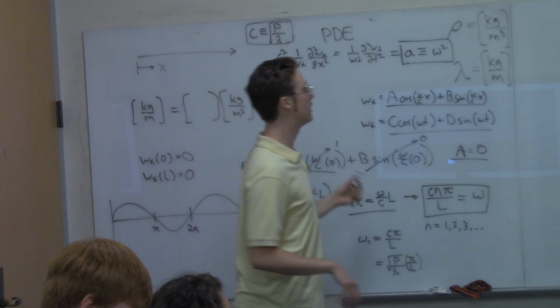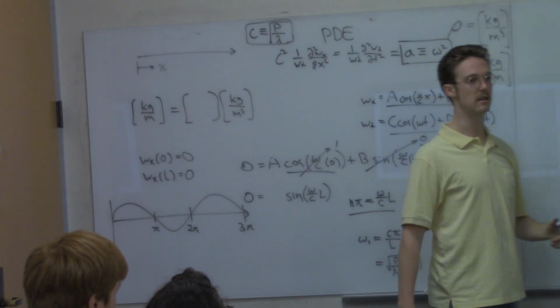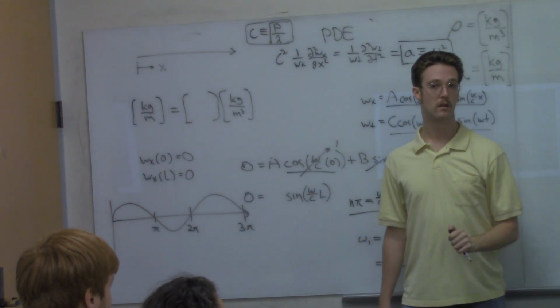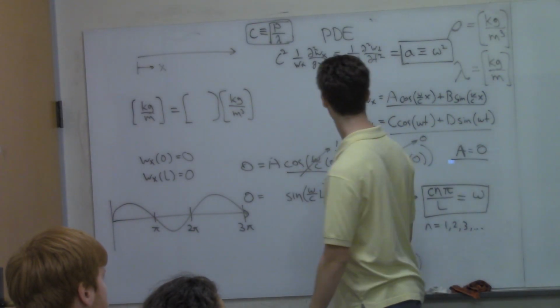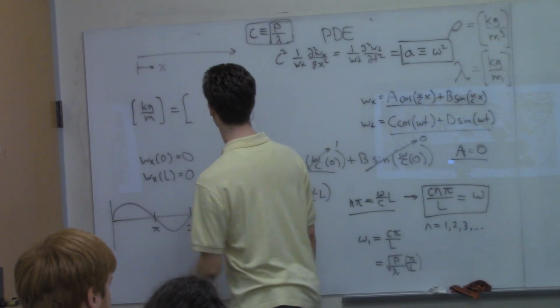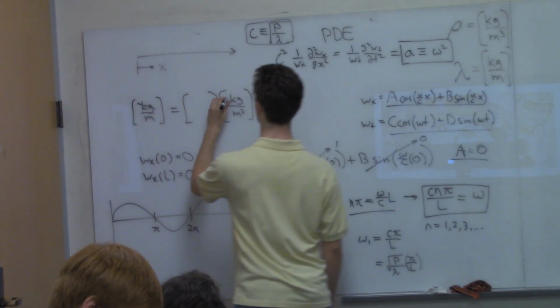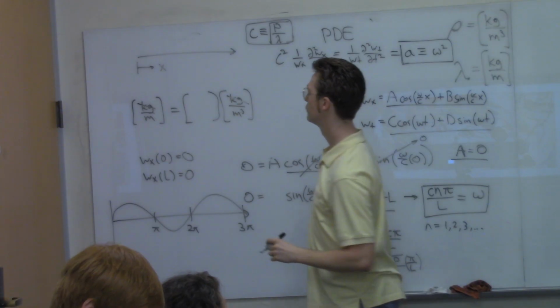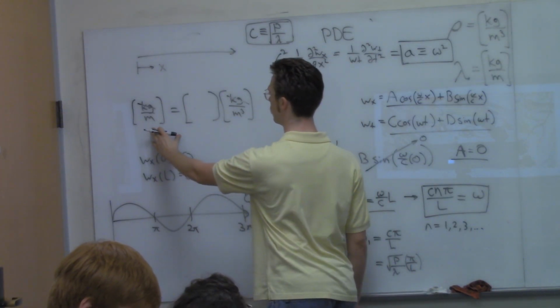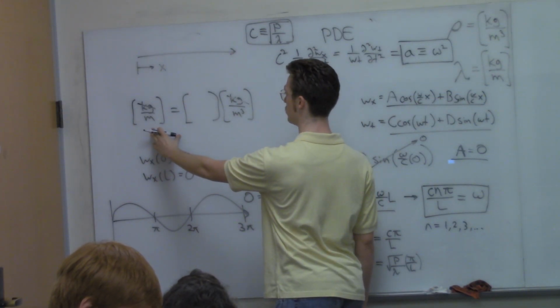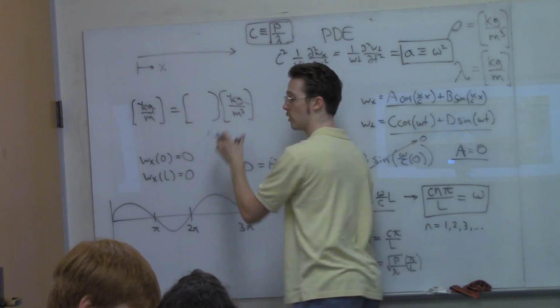Because most of the time, it's very easy to look up what the density of some type of material is. So, we can cross out kilograms on both sides. So we have 1 over meters is equal to something times 1 over cubic meters.